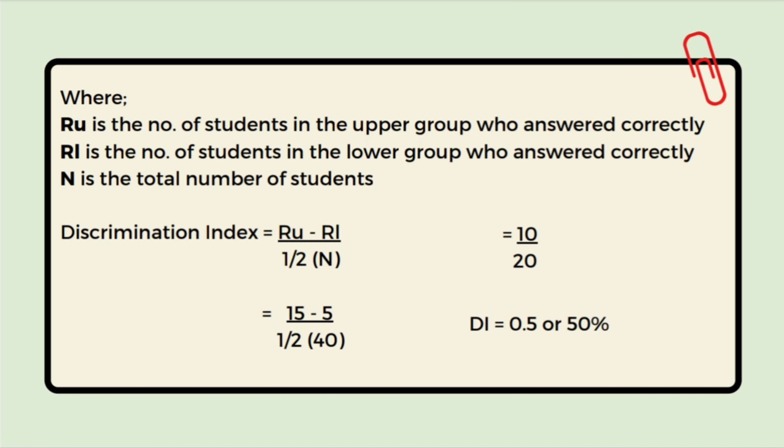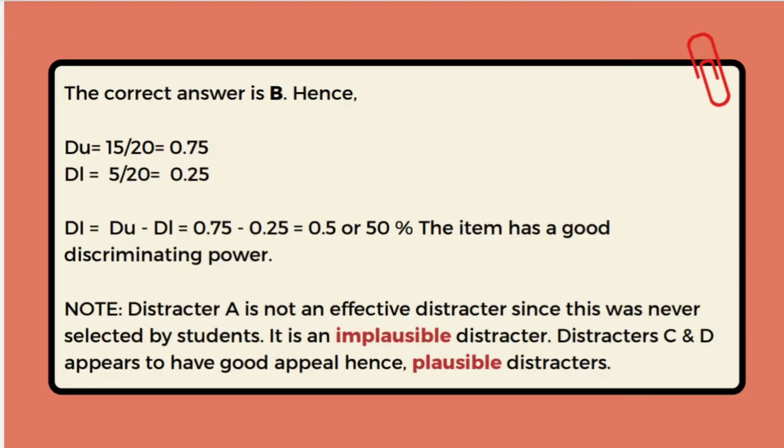Now let's go back to the first formula that we used earlier. Let us check if we come up with the same answer from this second formula. So again, this is the answer from the given example, which is example number 1. So DI is equal to DU minus DL, so equal to DU 0.75 minus DL 0.25.